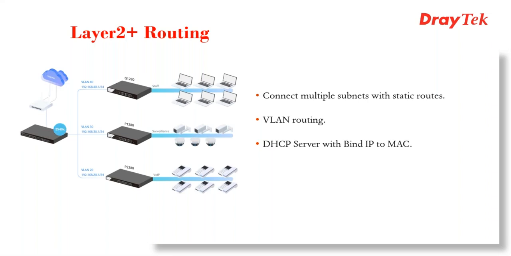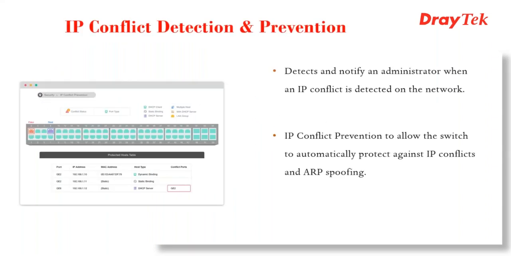With bind IP to MAC, IP addresses can easily be reserved for individual devices such as servers, phones, cameras, and more. Using the IP conflict detection, the switch can detect and notify an admin when an IP conflict is detected on the network.